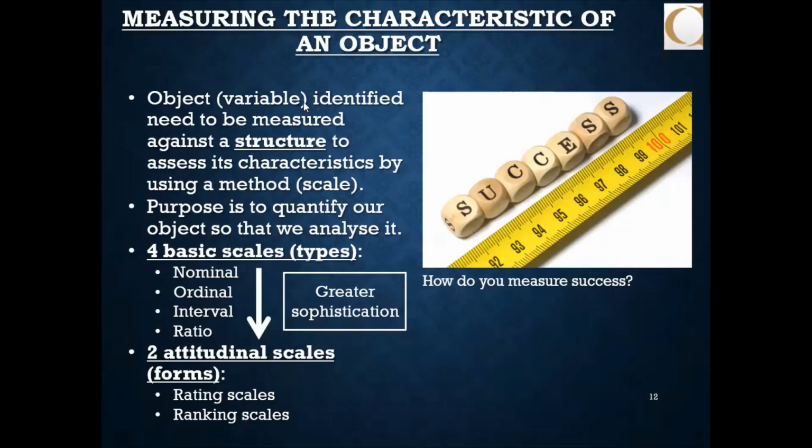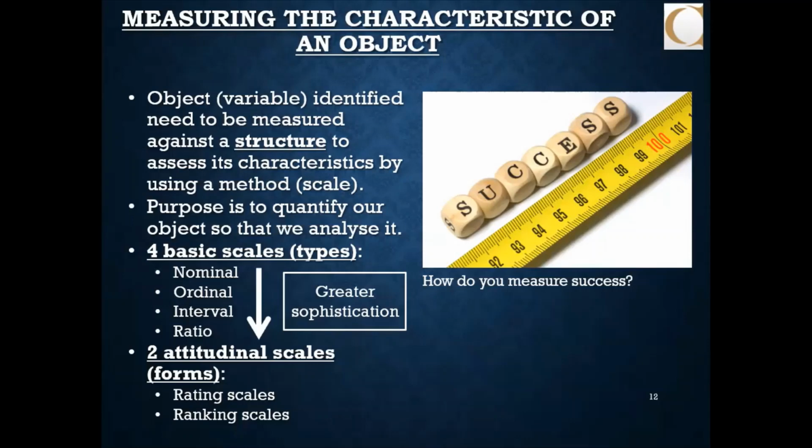Measuring the characteristic of an object, we need to measure the variable against the structure. And so we can use nominal, ordinal, interval, ratio, and rating scales, ranking scales. So we can use that to measure the object.